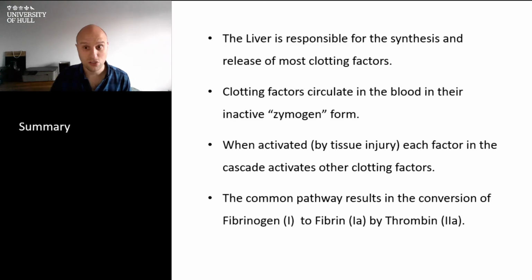They are activated at the site of tissue injury and set in motion a cascade of one factor activating another one, so one enzyme protease activating another enzyme. And we've talked very briefly about one of the most significant parts of the clotting cascade, that common pathway where fibrinogen is turned into fibrin by thrombin. Thank you very much for listening.